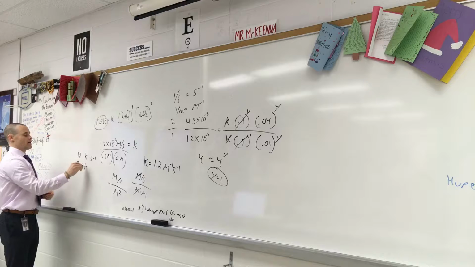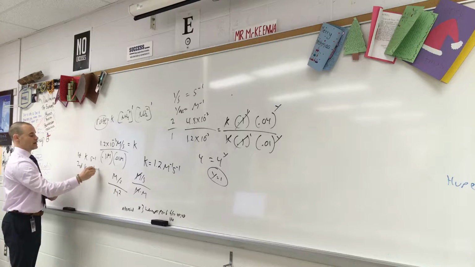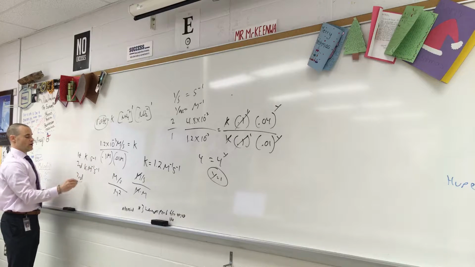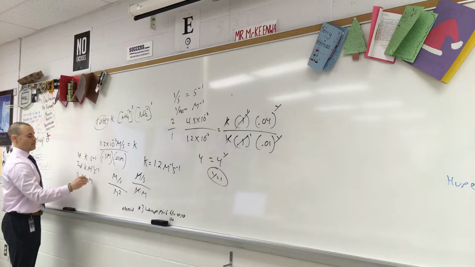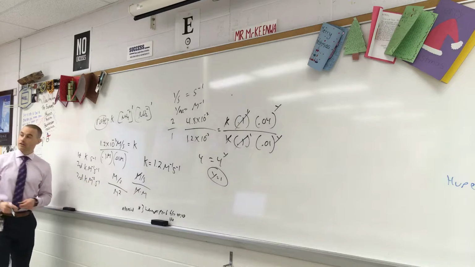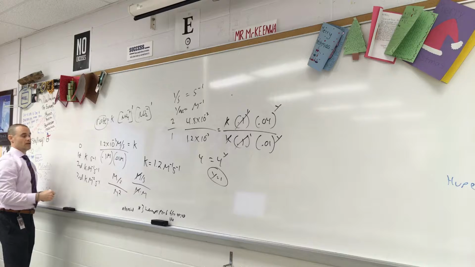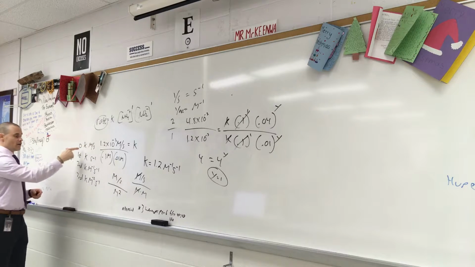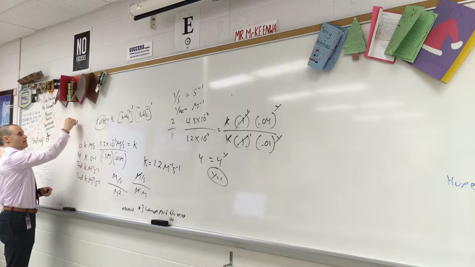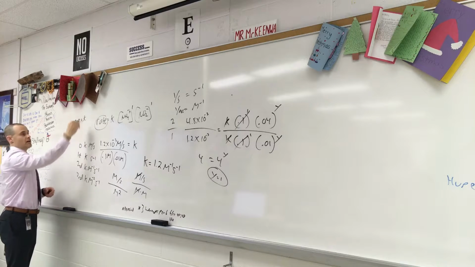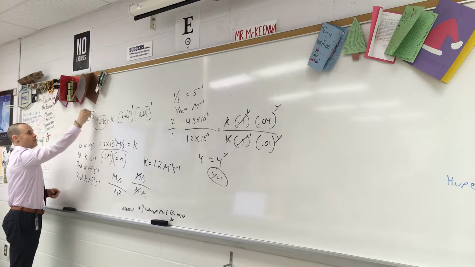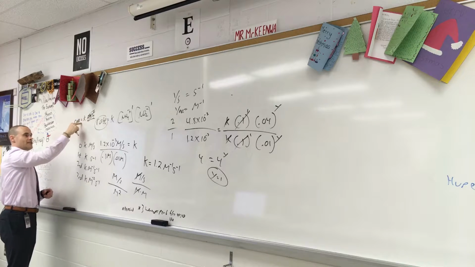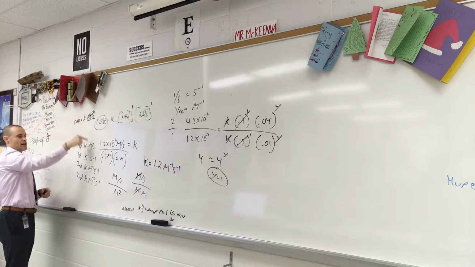Second order, K is molarity minus 1, seconds minus 1. Third order, K is M minus 2, S minus 1. Zero order, K would be just molarity per seconds, because zero order is rate equal to K, and the concentration of A raised to the 0 is irrelevant.